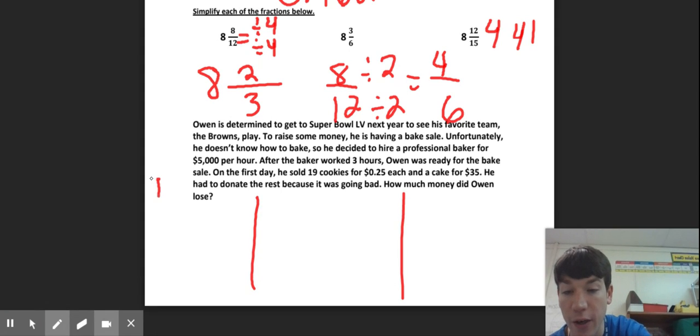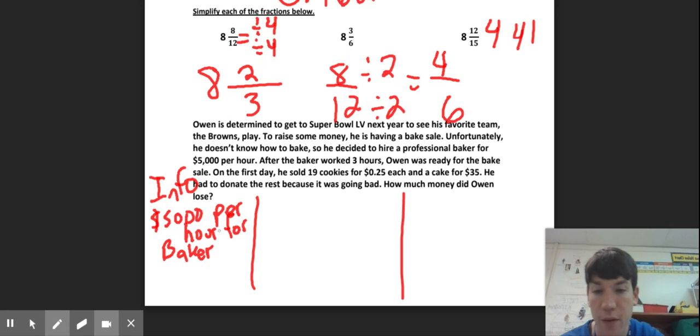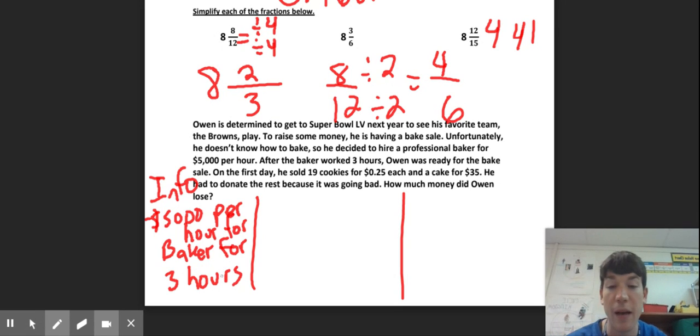That's in our information. $5,000 per hour for baker. After the baker worked 3 hours, he rented that baker for $5,000 per hour for 3 hours.